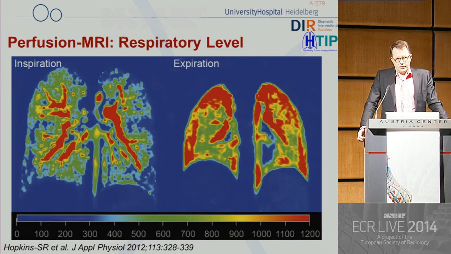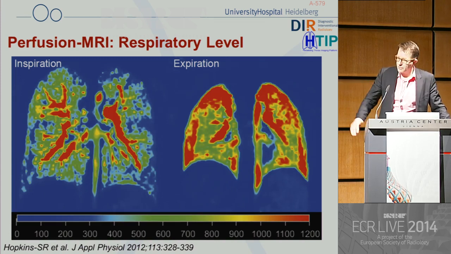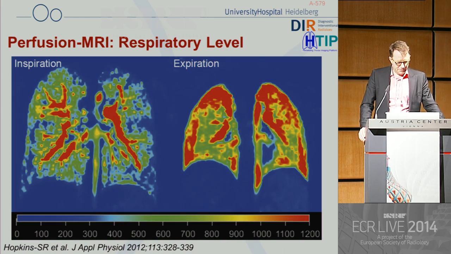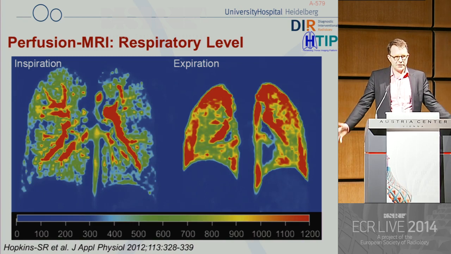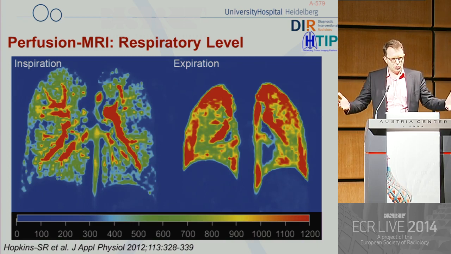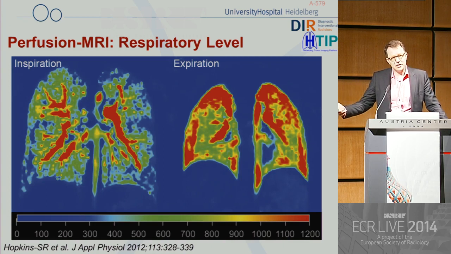And it's also very important that we take care of the respiratory level, because the respiratory level has a big influence on pulmonary blood flow and pulmonary blood volume. As you can see on these color-coded maps, from the inspiratory and the expiratory scan. In the expiratory scan, we have less air, more blood, so we will have much more signal, which will make it more easy to assess perfusion defects, for example.